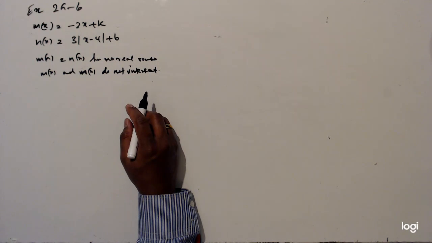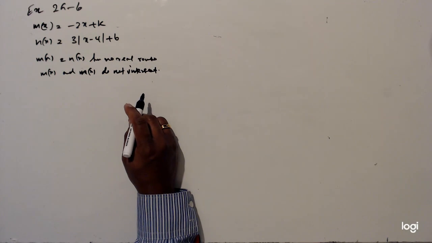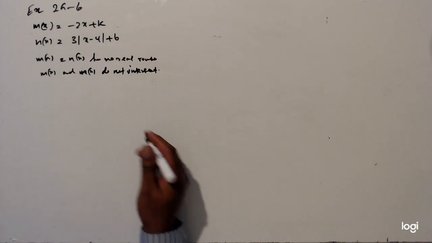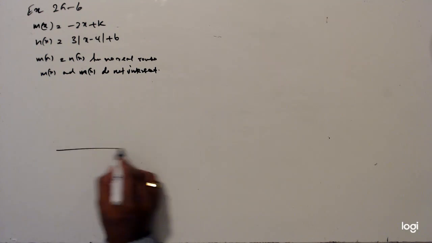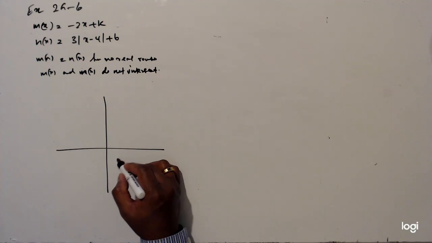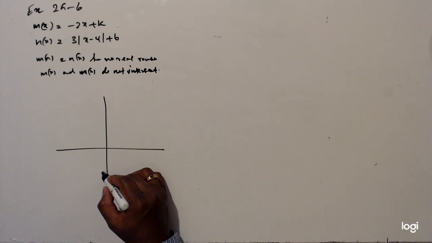What we can do is draw a graph, two graphs. So first of all, this one is y equal nx equals x minus 4.